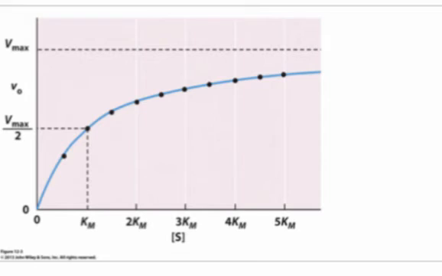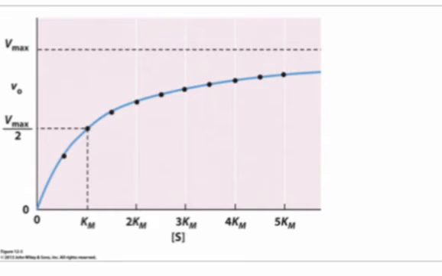Once it tapers off, we consider the value around there to be Vmax. If you take half of that Vmax, carry that number over to the curve, and drop it down to the substrate concentration, you'll find your Km value. This graph also plots different intervals at 2 Km, 3 Km, and 4 Km based on what the original Km is.